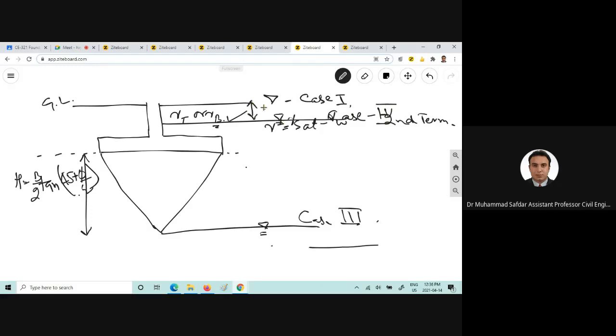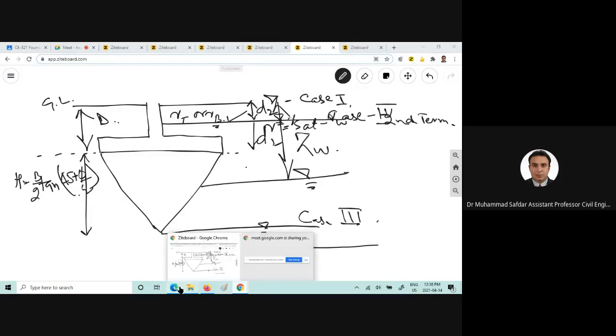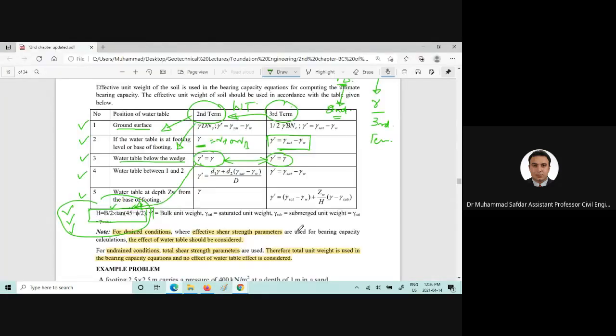This is D1, D2, and here is D, and case number 5 will be in the middle of this wedge here, and here is Zw, the depth of the water table. What else do we need in here?